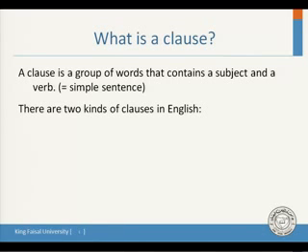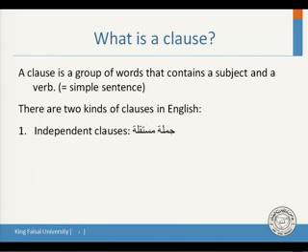Now look at this example. There are two kinds of clauses in English. Independent clauses. Example, it rained. It rained is an independent clause. And an independent clause is also a simple sentence.